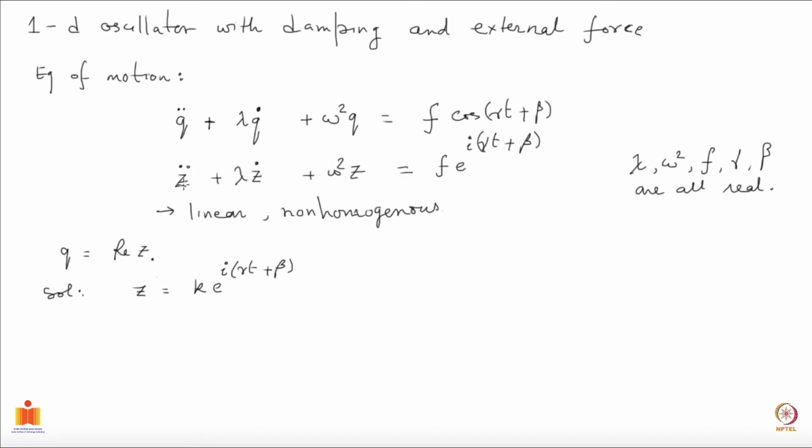Because whatever exponential of something you take, they will all return back the z, but for this to work, your z should have this thing in the exponential, otherwise it will not work. So that's why we have this choice. But k is to be determined, and k is complex. Okay. We are looking at complex equations.